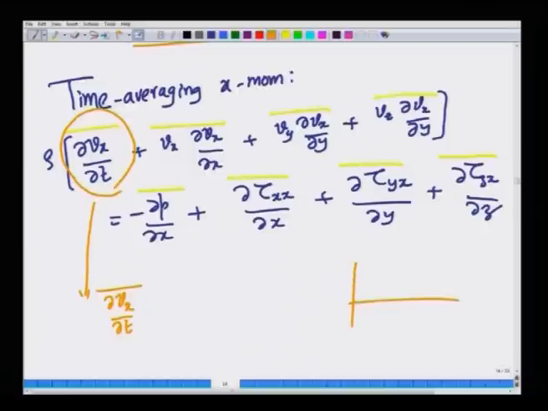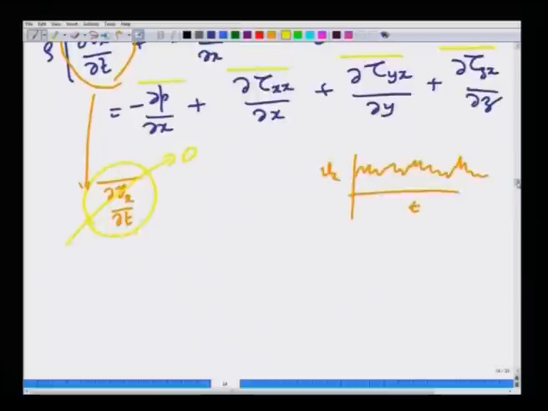The velocity itself is a very randomly fluctuating variable with time. So if you average the rate of change of velocity, since the fluctuations are completely random, if you time average it, it has to be 0 for a truly random flow. So we set that to 0.